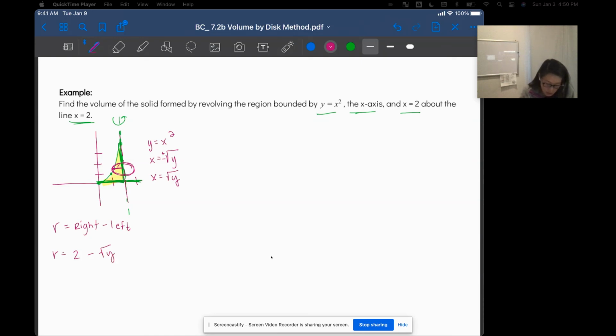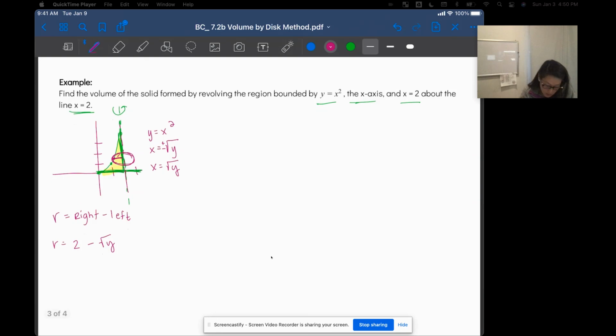Our bounds are from 0 to where x equals 2 intersects our parabola.